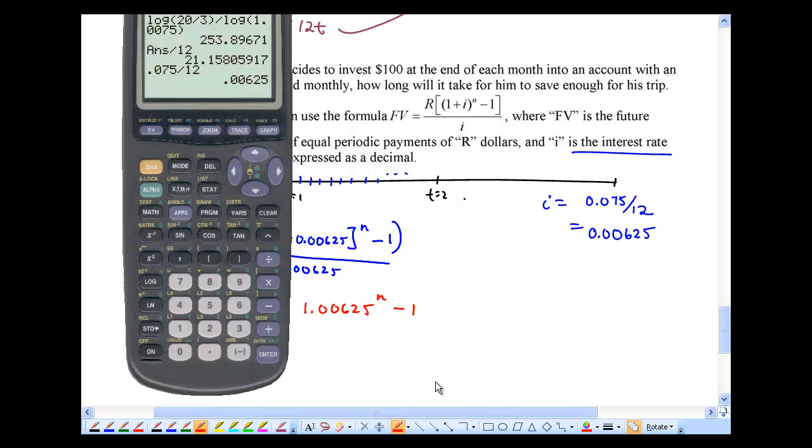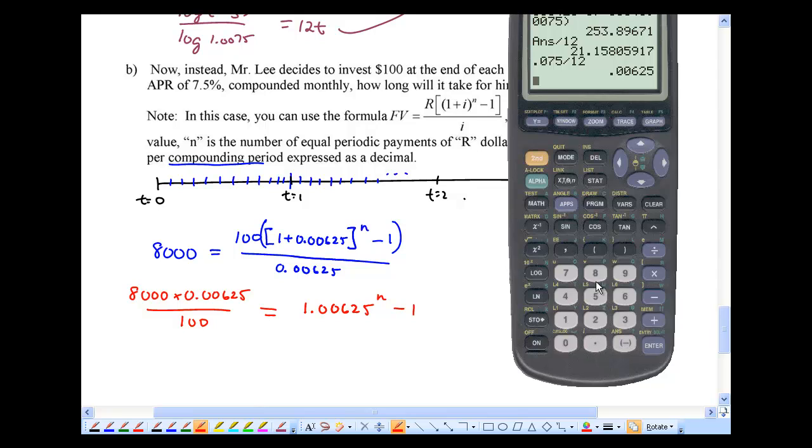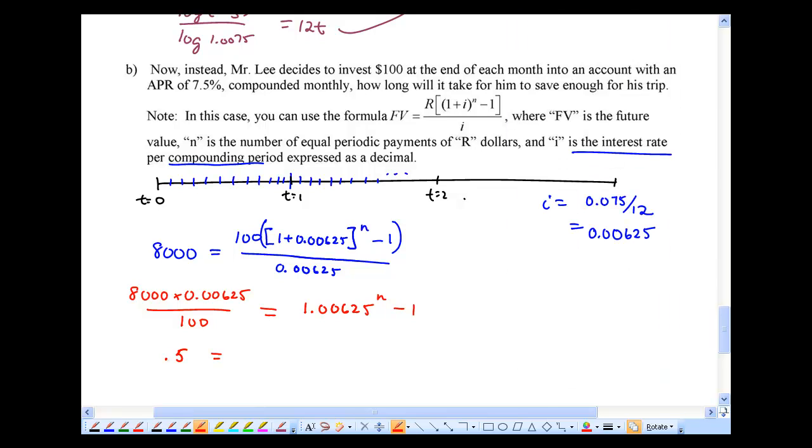Let's just do some calculations here. 8,000 times 0.00625 divided by 100. That's 0.5. Lovely. 0.5 equals 1.00625 to the power n minus 1.